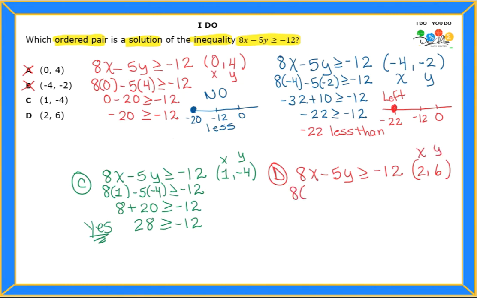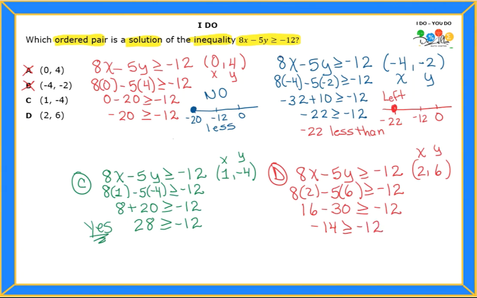I'm going to multiply 8 times 2, and the 6 becomes my y value. And let's write the rest. 8 times 2 is 16, and -5 times 6 is -30, greater than or equal to -12. Let's perform the operation. 16 minus 30 is -14, greater than or equal to -12.